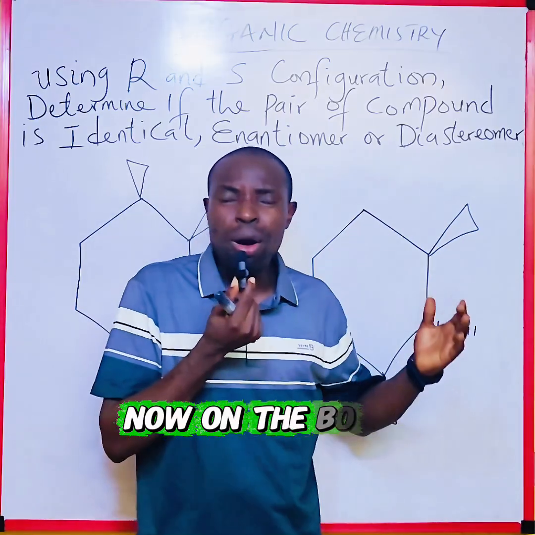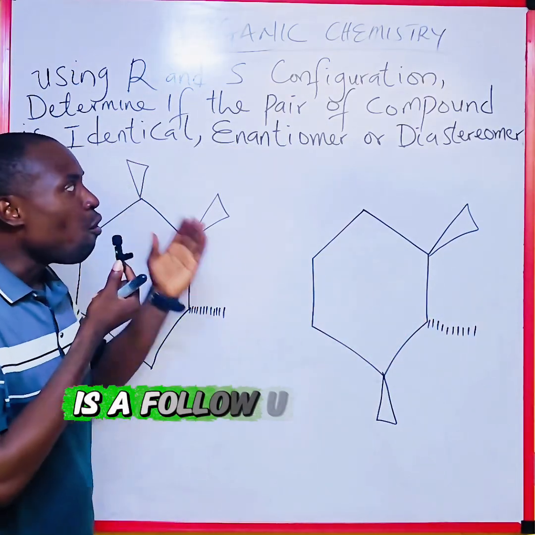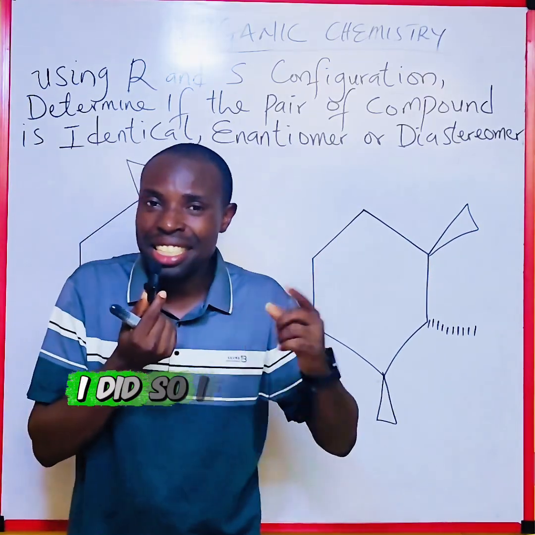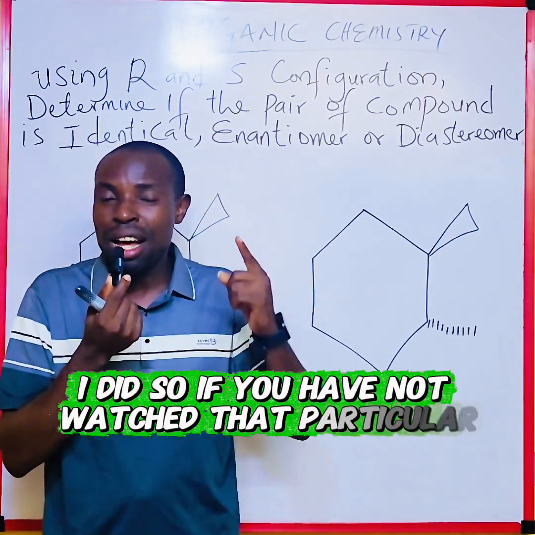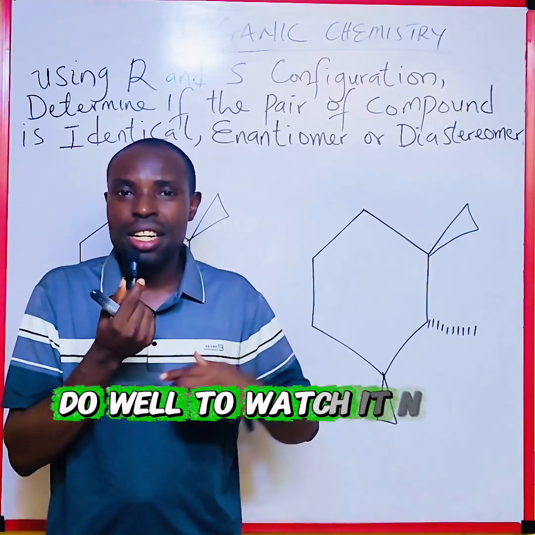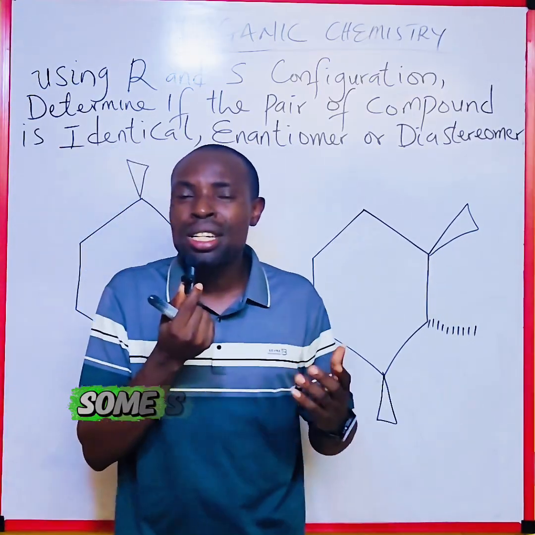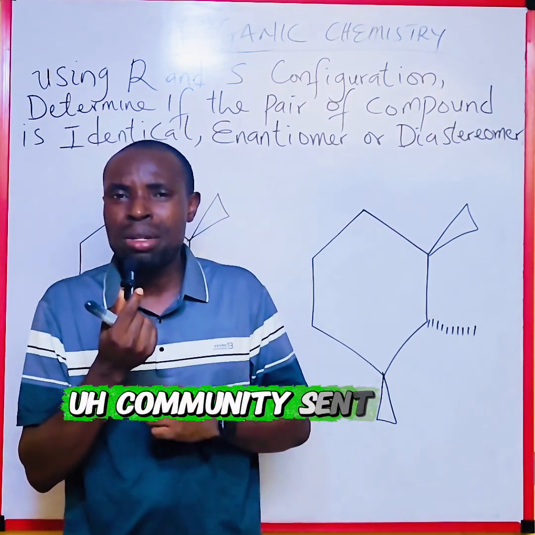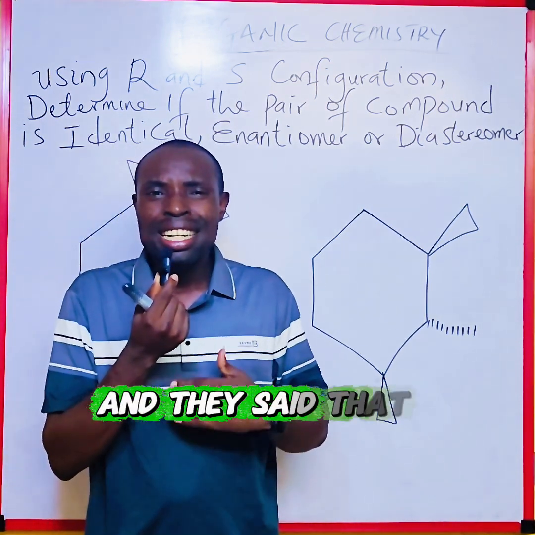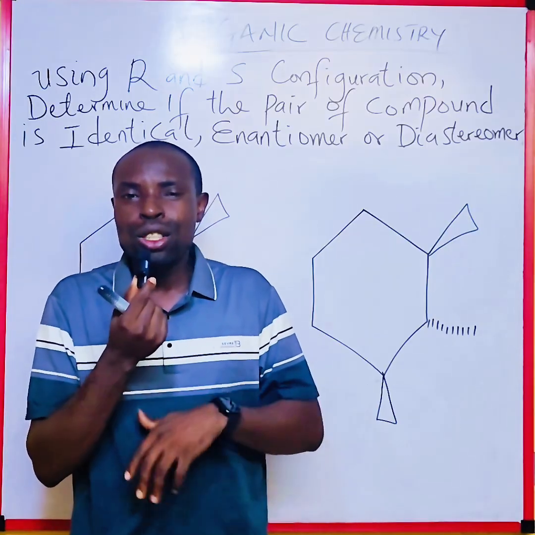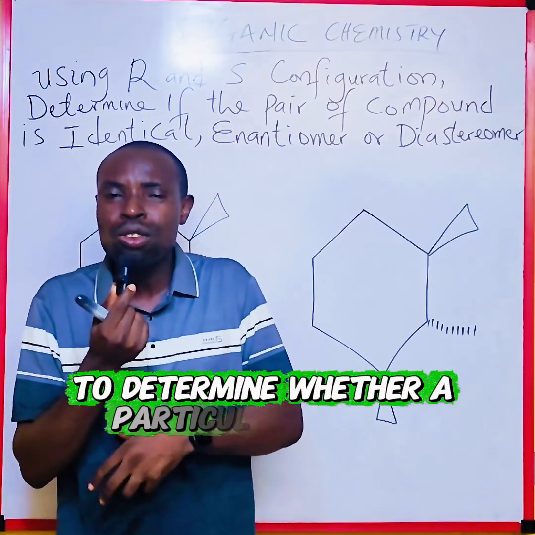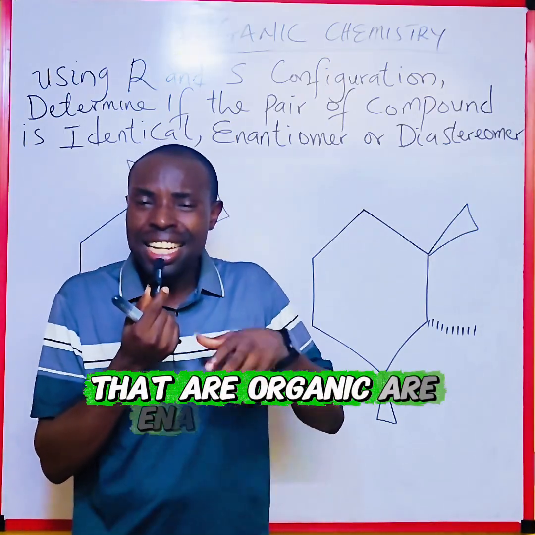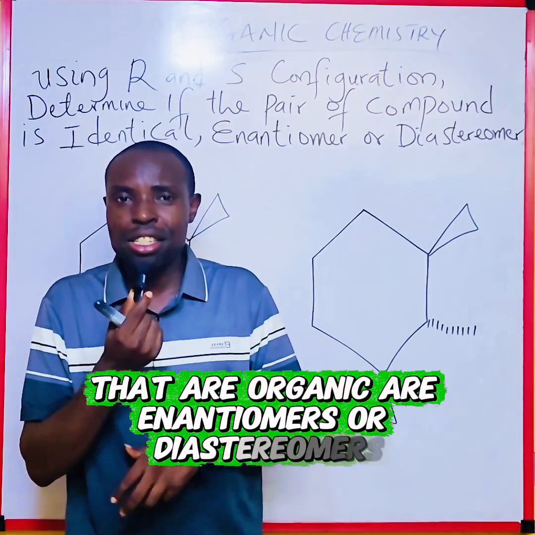Now, on the board is a follow up question to the previous question I did. So, if you have not watched that particular video, do well to watch it. When I did the video, some students from the international community sent me a DM and said that I should use the arrow and X to determine whether a particular pair of organic compounds are enantiomers or diastereomers.